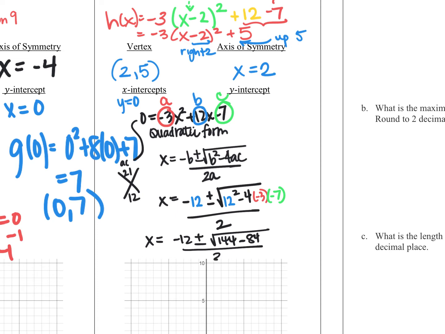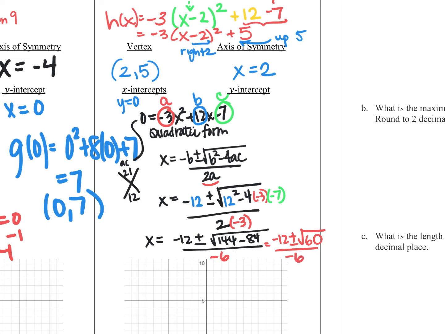Over 2. And I just looked back, I realized I didn't divide by 2a, right? It's 2a, so that means 2 times -3, which would be actually -6. So then we have -12 plus or minus the square root of 60 over -6.